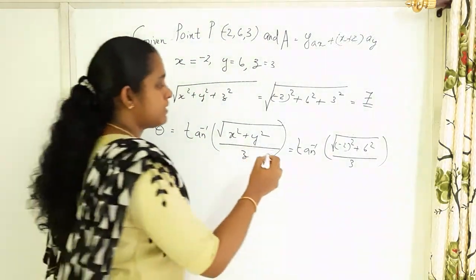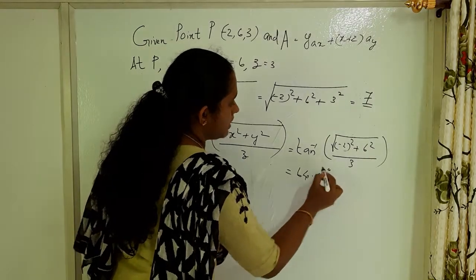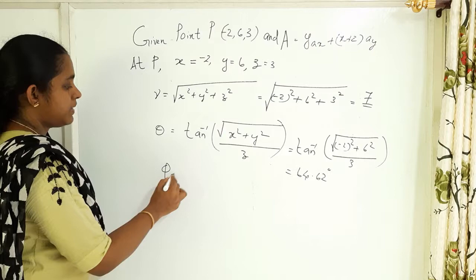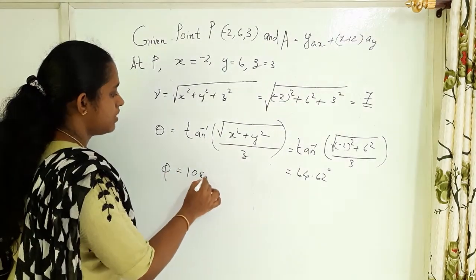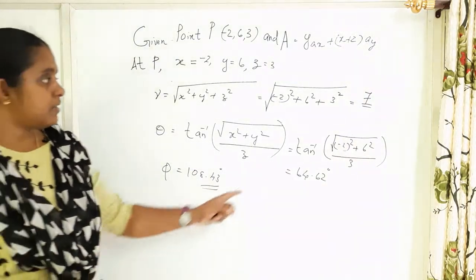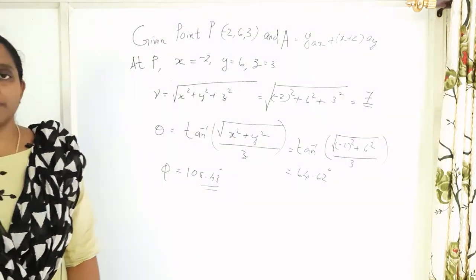So you will get the angle as 64.62 degrees. And phi we already found in the cylindrical system: phi equals 108.43 degrees. So these are the three coordinates in the spherical system also.